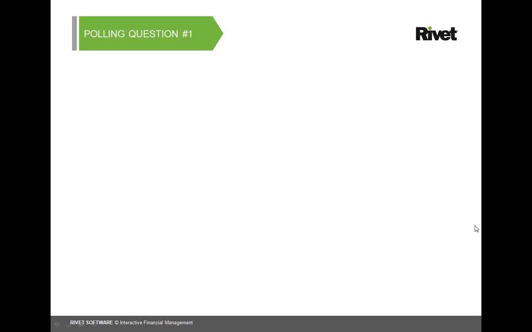Another 24% are involved in the creation process. 23% are in the financial reporting process but don't deal with XBRL. And the last 10%, none of the above. Great. Great information. Thanks for answering the poll question.